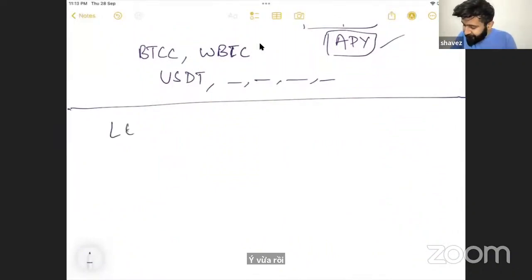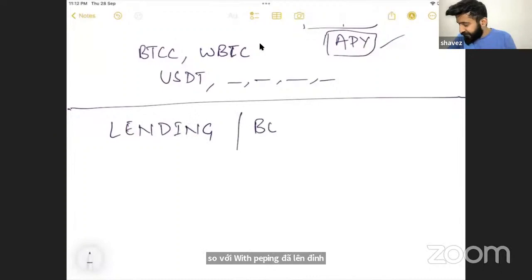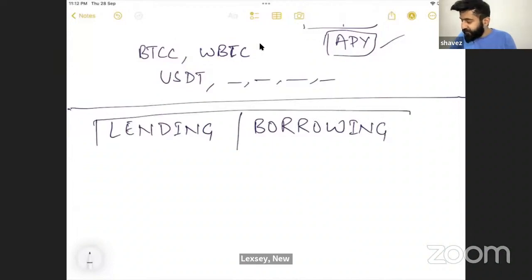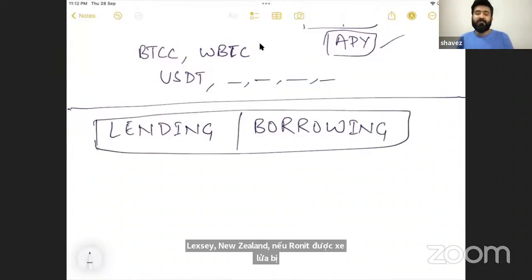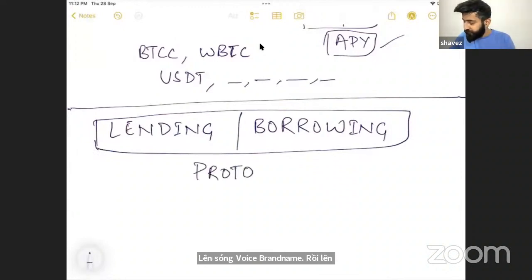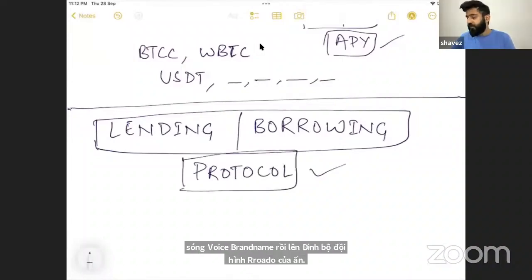Okay. So we will be starting the lending and borrowing. Let's say you need some money. You don't need to sell your BTCC. Just lend some, borrow. So the lending and borrowing protocol will be functional on our DEX.